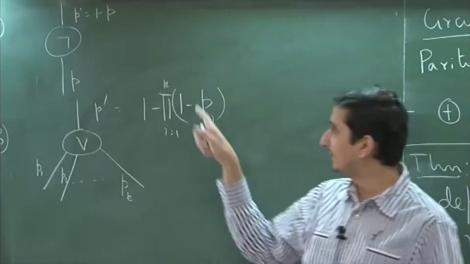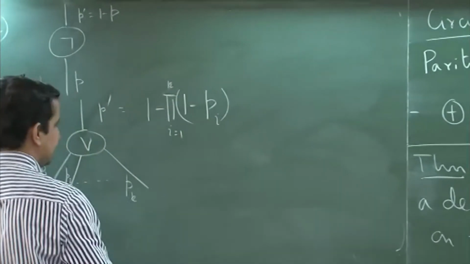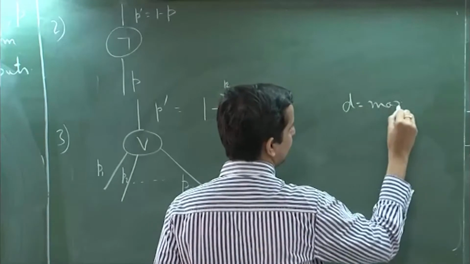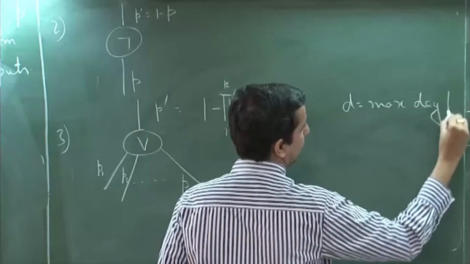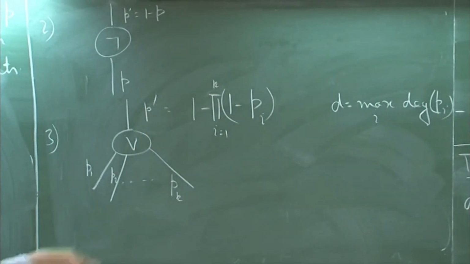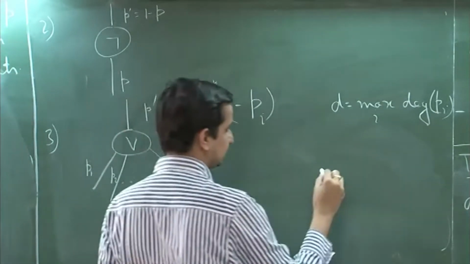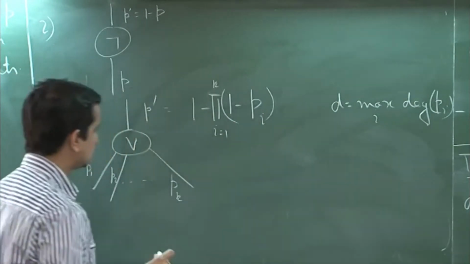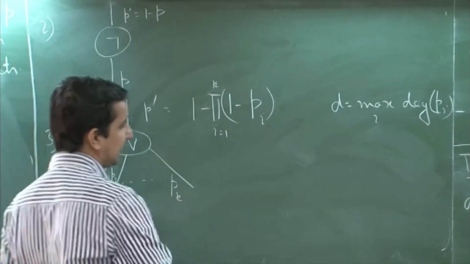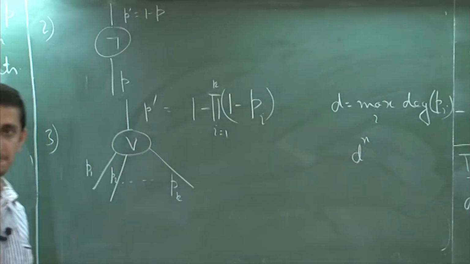So, this degree therefore can be as large as, suppose the maximum degree of the Pi's were d, then this can be as large as d to the power k, and k can be as large as n. So, this can be as large as d to the power n. Okay.